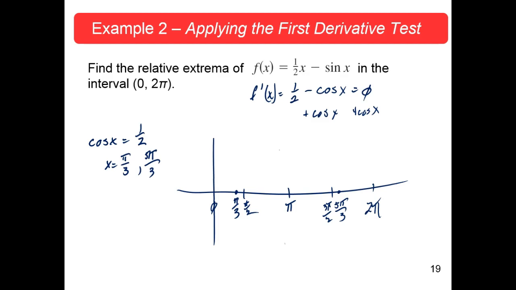And we really don't care about the value of the derivative. We want to know the sign of the derivative. So pick some test points. We know it can't have another change because it's a smooth continuous function. It cannot have another change here or there. It's got to be here.